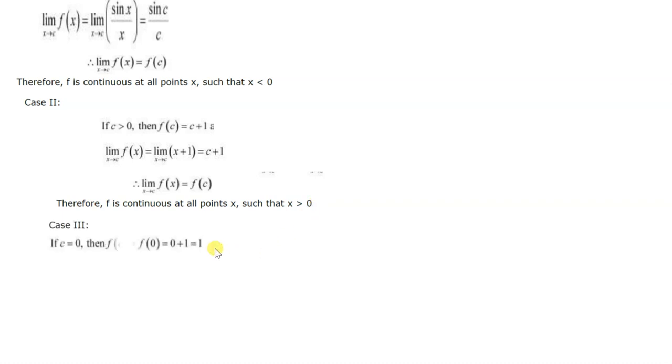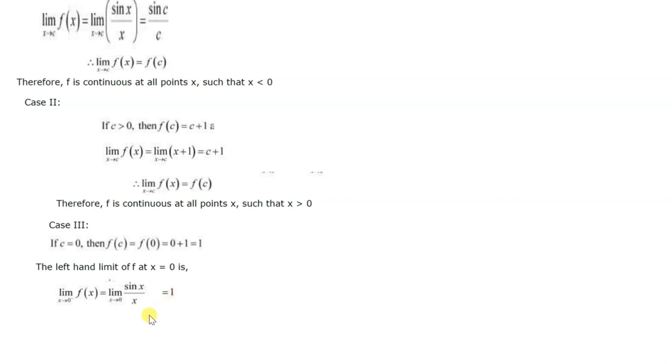Now let us check its continuity at the point 0. At 0, the function is defined as x plus 1. So f(0) will be equal to 0 plus 1, that is 1. On the left of 0, the function is defined as sin x upon x. So the left hand limit of this function at 0 will be the limit as x tends to 0 of sin x upon x, and it will be equal to 1.